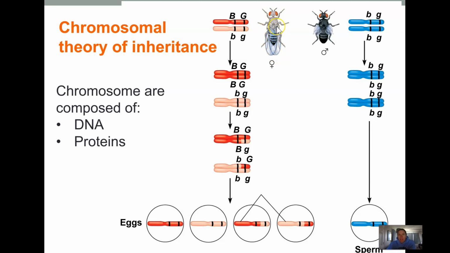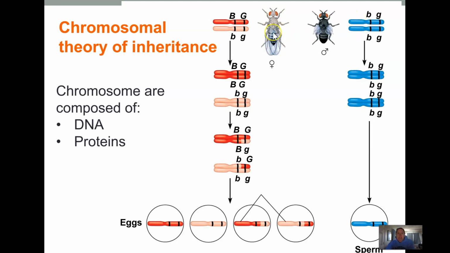So we would consider the color of the body and the wing shape characters, and then whether this fly is gray in color or black in color, we would call a trait. And so normal wing shape versus vestigial wing shape would be considered a trait because it's a variation within a character.